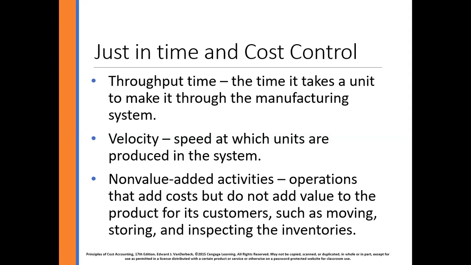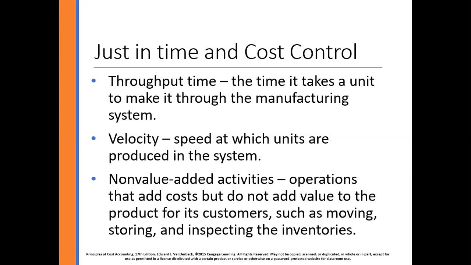So the throughput time, the time it takes a unit to make it through the manufacturing system, just-in-time helps to alleviate. In fact, your book gives us the example of reducing the throughput time from 4 days to 1 day with just-in-time manufacturing.